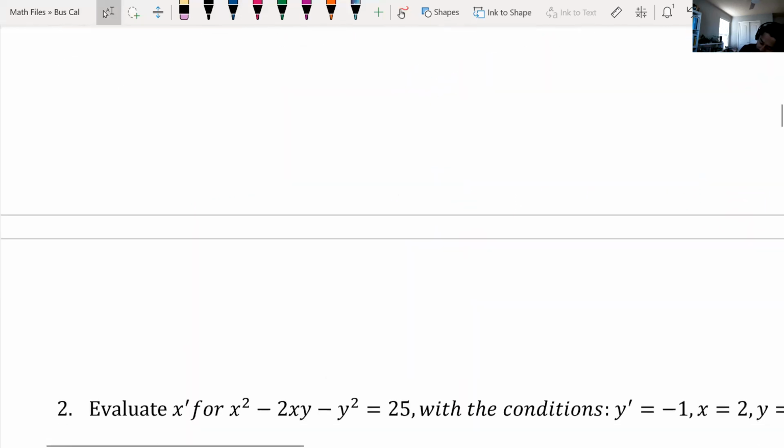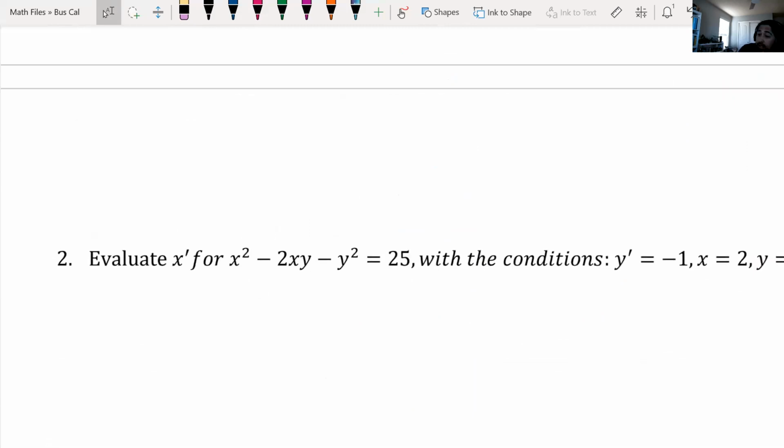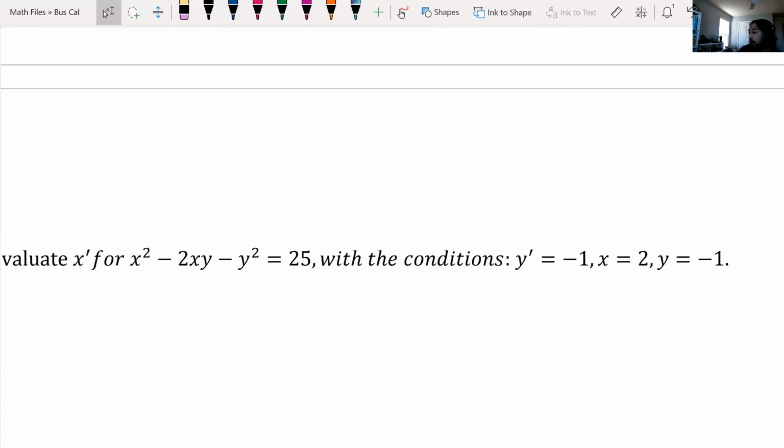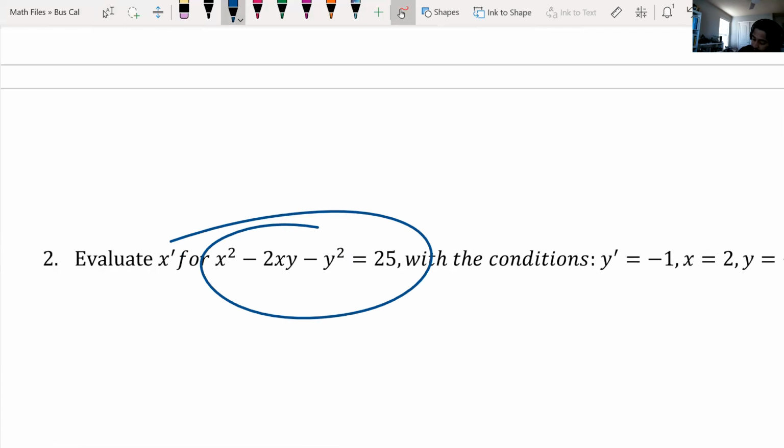Let's try it again. Evaluate x prime for x squared minus 2xy minus y squared equal to 25 with the conditions y prime is -1, x is 2, and y is -1. So again, we want to take the implicit derivative of this equation.